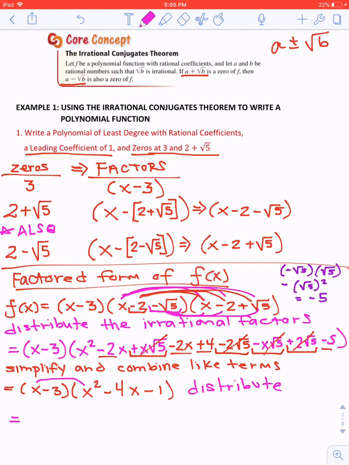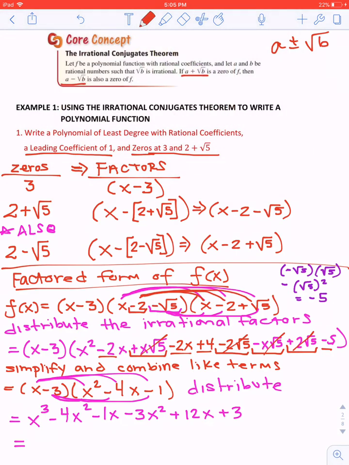So x times x squared, x cubed, x times negative 4x, negative 4x squared, x times negative 1, negative 1x, negative 3 times x squared, negative 3x squared, negative 3 times negative 4x plus 12x, negative 3 times negative 1, so plus 3. And I'm going to simplify that.